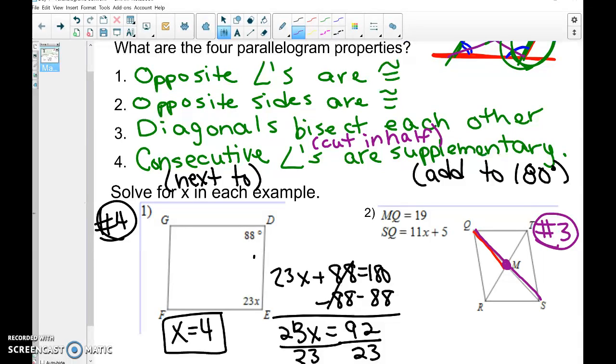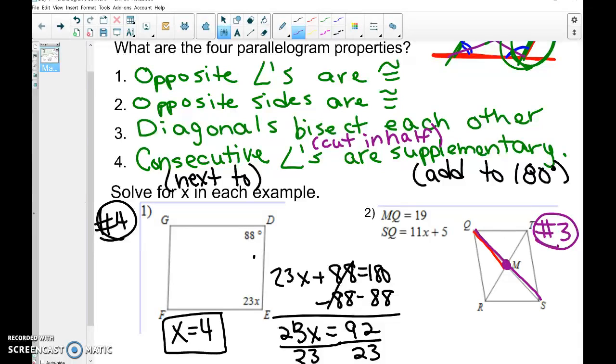Well, if I'm going to use SQ, which is 11x plus 5, oops, sorry, yeah. SQ is this whole thing, my bad. So SQ is this big purple line. So I'm going to change the color of that just to make that a little bit more clear. So SQ is the whole diagonal.